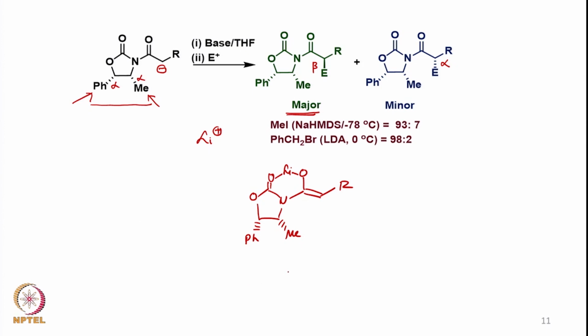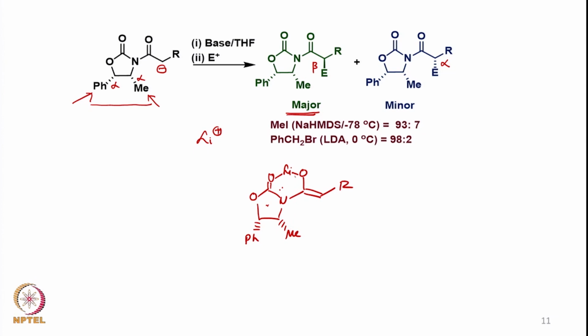That also reflects in that this bicyclic enolate has a better effect in terms of selectivity, because then there is no rotation around here.